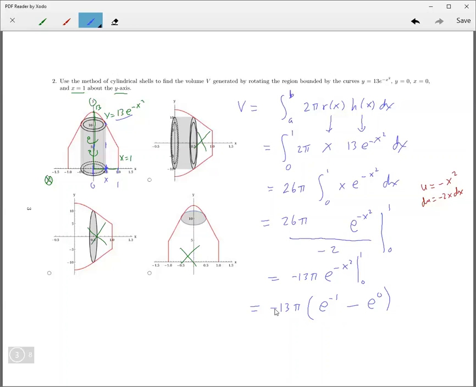E to the 0 is 1, and then this negative also combines here. The negative can distribute in, and I get 13 pi times 1 minus e. Okay, so that should be the answer right there.